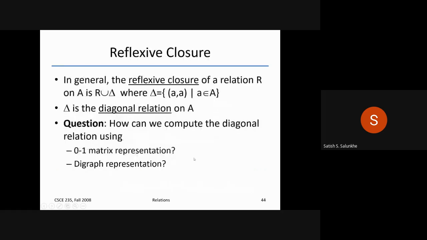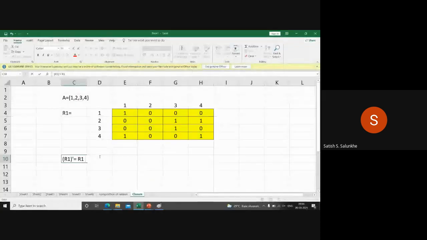So in general, the reflexive closure of a relation R on A is R union delta, where what is delta? It is the collection of all (a, a) such that a belongs to capital A. So what is that reflexive closure? You just perform a union operation with some symbol.